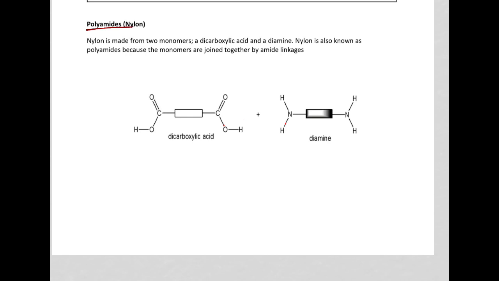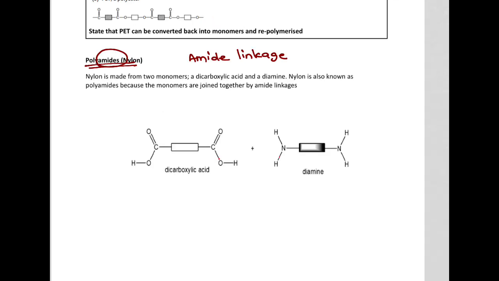Let us see the polyamides. Polyamides is commonly known as nylon. Now, in polyamides, you see here, amide, it's referring to the amide linkage. And the amide linkage is this link. This is the amide linkage. So in a polyamide, in a polymer, you will have several amide linkages.